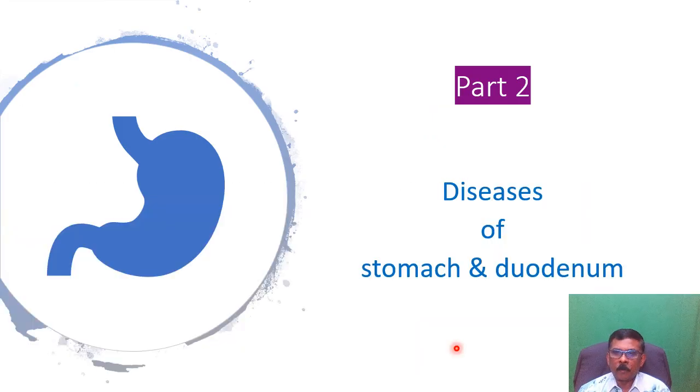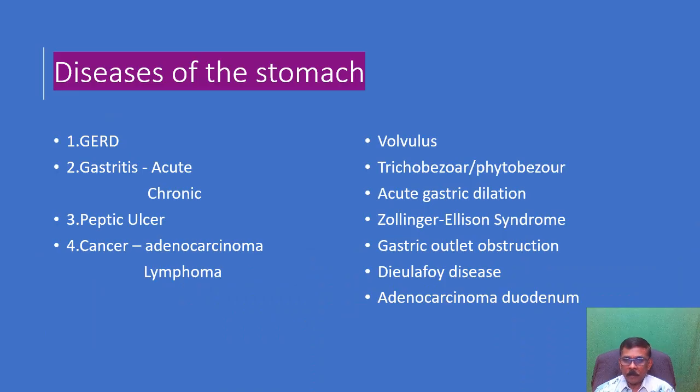In part 2, I will go on to discuss some of the diseases of the stomach, mainly acute gastritis and peptic ulcer. The list of diseases on the left are the common conditions that affect the stomach and the esophagus.